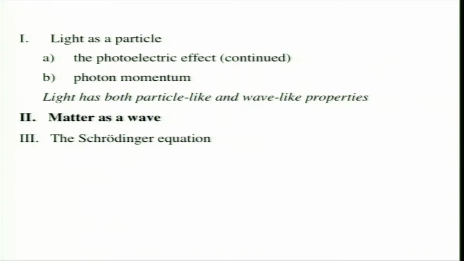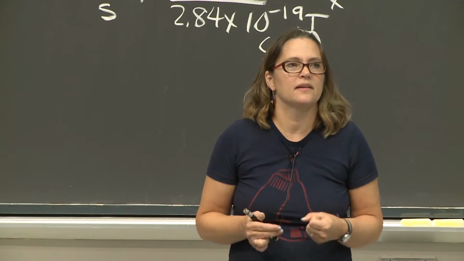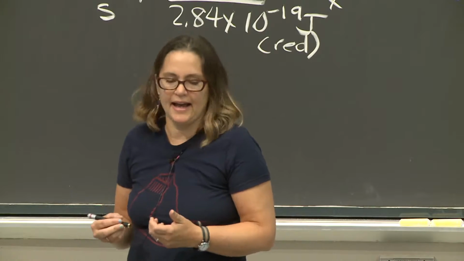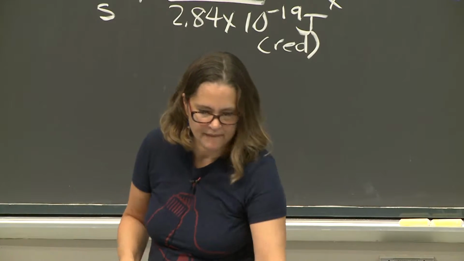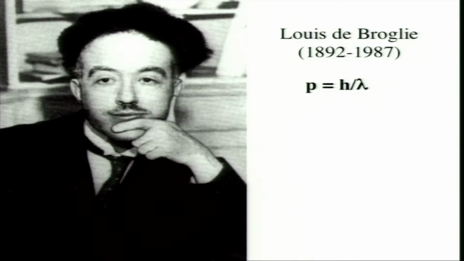Okay, so we're going to now move to matter. We've been talking about light and how light has these dual particle and wave-like properties. But what about matter? We accept that matter has particle-like properties, but what about as a wave? So enter de Broglie.